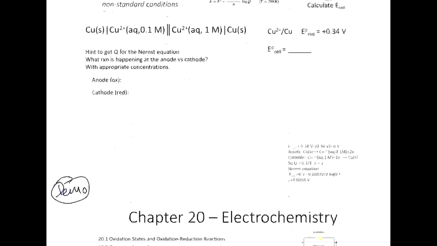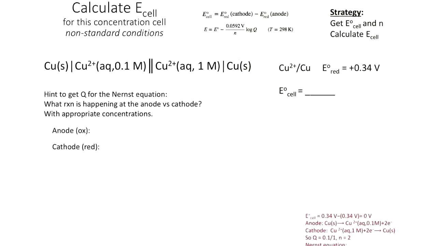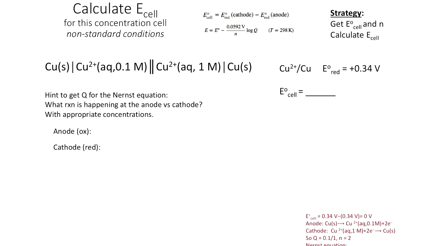All right, let's do one more here, an interesting one. Here's another non-standard cell, but this one's a little bit different. I show line notation again because it's clean. With this line notation, we see left to right, it's always anode and cathode, separated by that salt bridge.